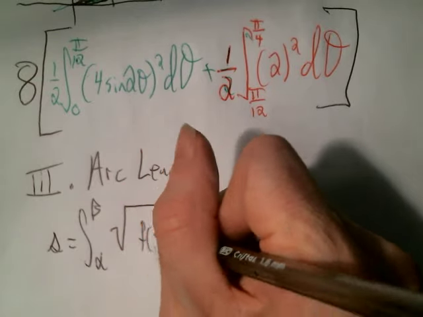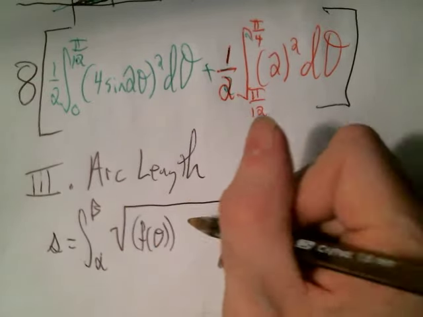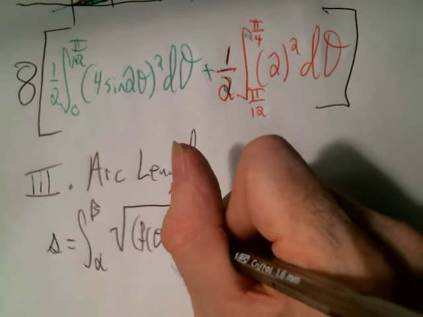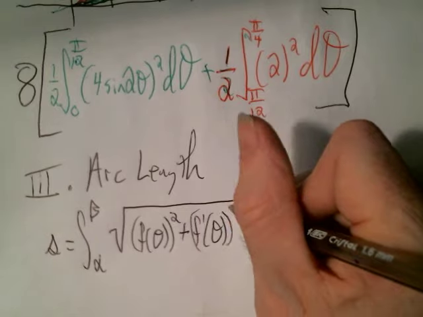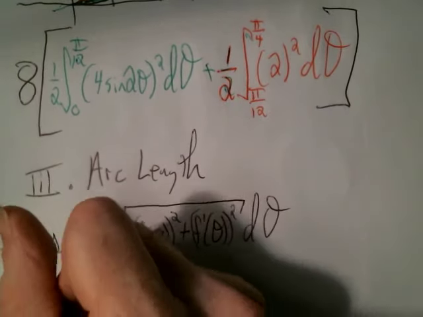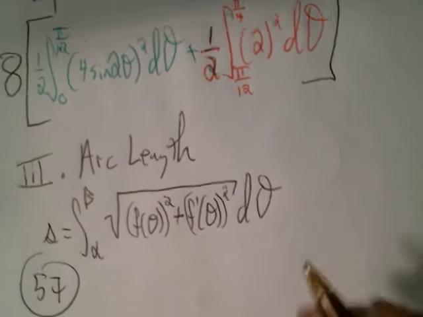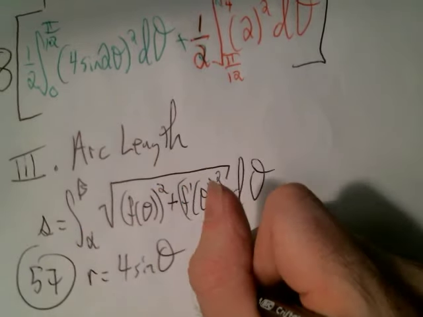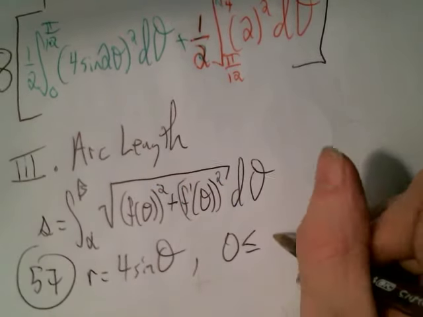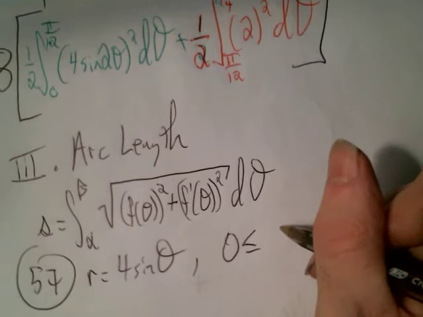It's going to be the integral of the square root of f of theta, which would be your r of theta, squared, plus f prime of theta squared, d theta. So problem 57, they give you r is equal to 4 sine theta, and we want to know the arc length from 0 to pi.